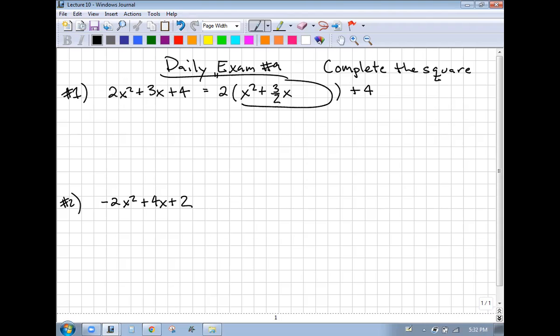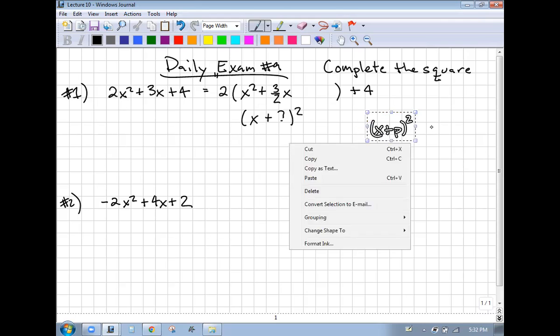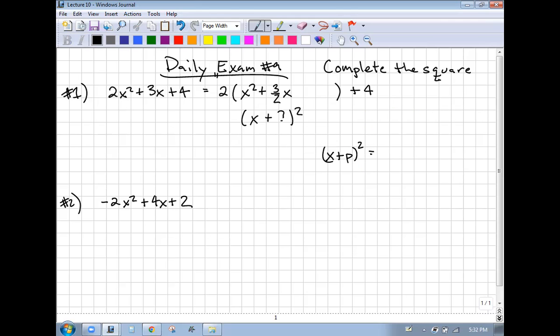What we want is for this to be something like x plus something squared. That's what we want, okay? So what we need to do is add something in here to make this thing a complete square. Now remember, x plus p squared is x squared plus 2xp plus p squared.